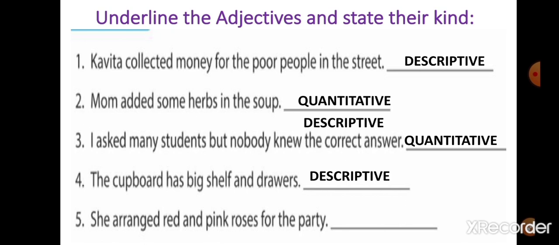Which words here show adjectives? Red and pink roses. Okay. So what does it state? Yes, description. That is a descriptive adjective.